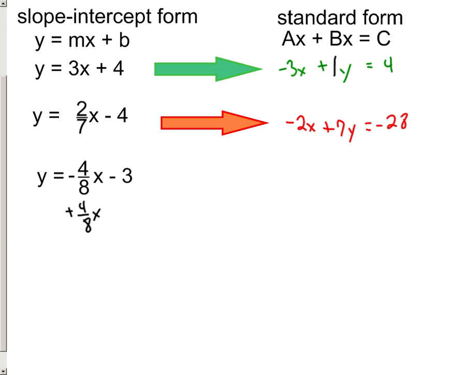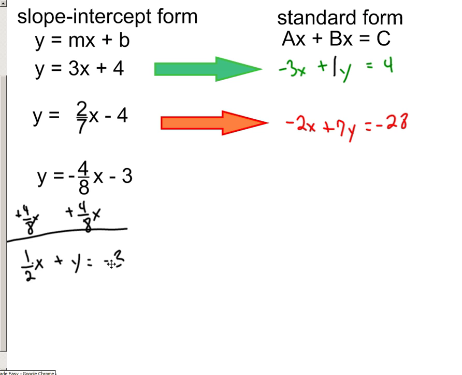If you add 4/8 x to each side, that's fine, except for the fact that you're going to be dealing with this. And absolutely, you can simplify this down to 1/2. You would be expected to. You simplify whenever you can. You probably should do that before you even move it over there. But you still have a fraction, and this is in the A slot, and that's just not acceptable.